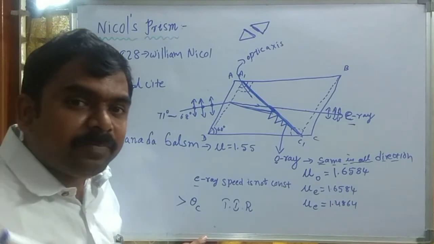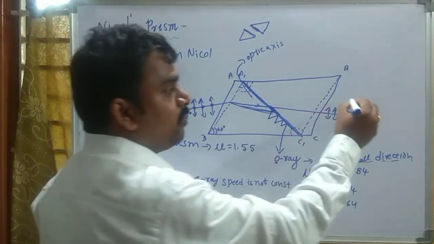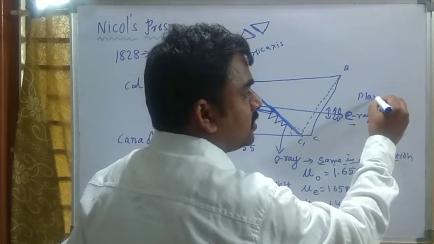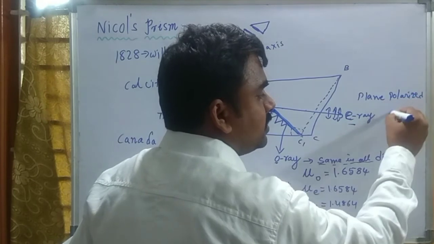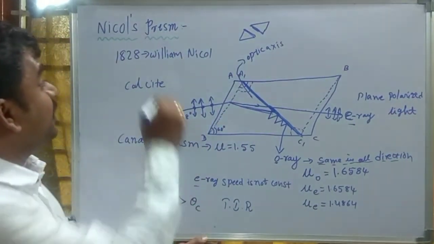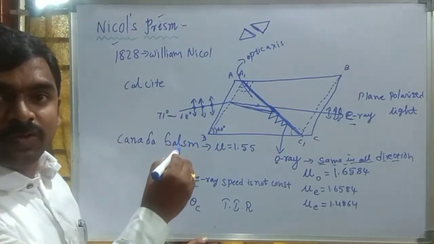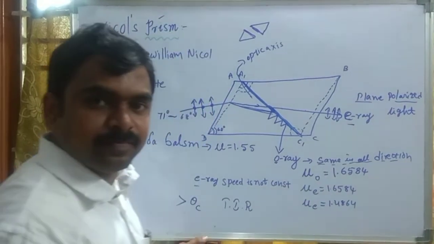If the vibrations of the particles are confined to only one dimension, that is called plane polarized light. That means by using this Nicol's prism, we produce plane polarized light.